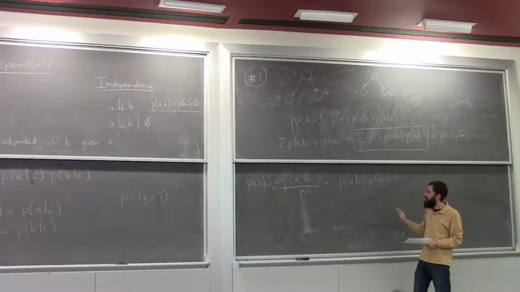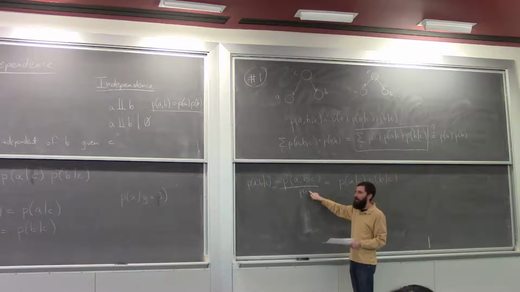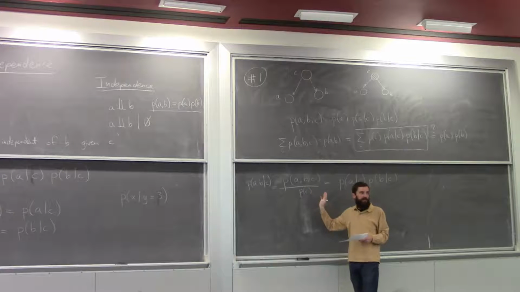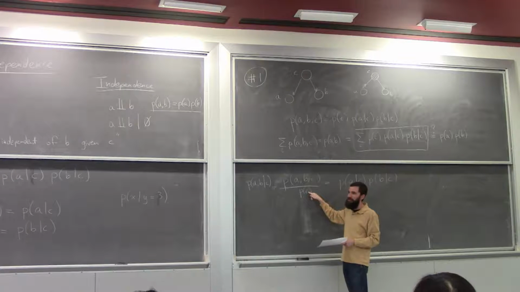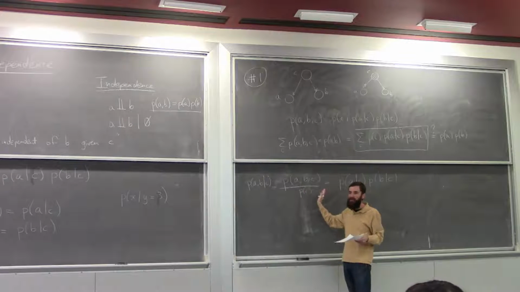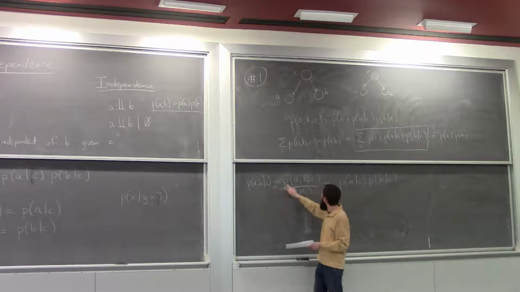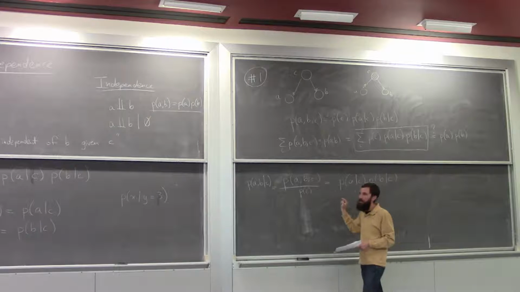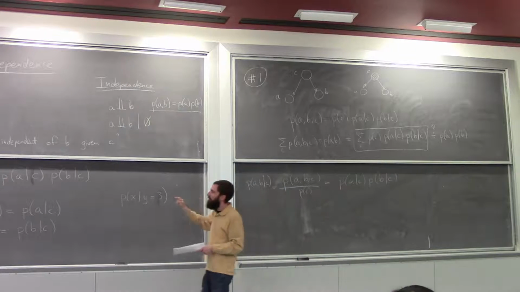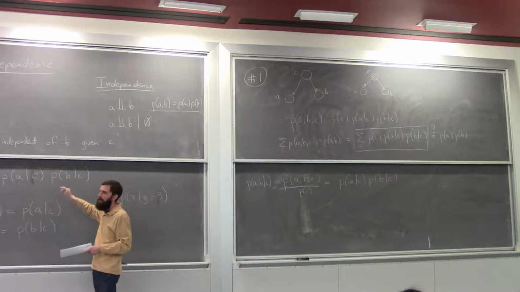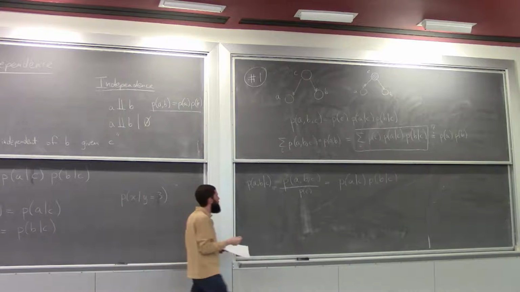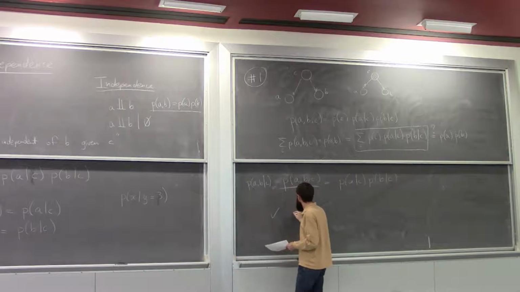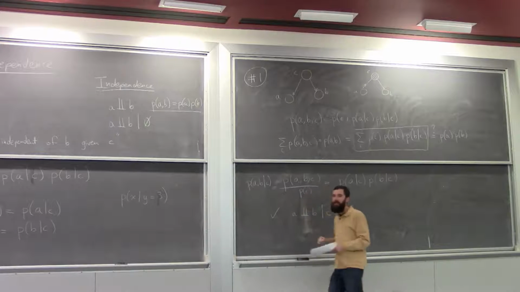And again, assuming that, in this discrete case, the value we observed for C happens, so it doesn't have probability 0, so we didn't divide by 0. Then in that case, this equation works out to this. And so what we get is, yes, it is the case that A and B are conditionally independent given C.